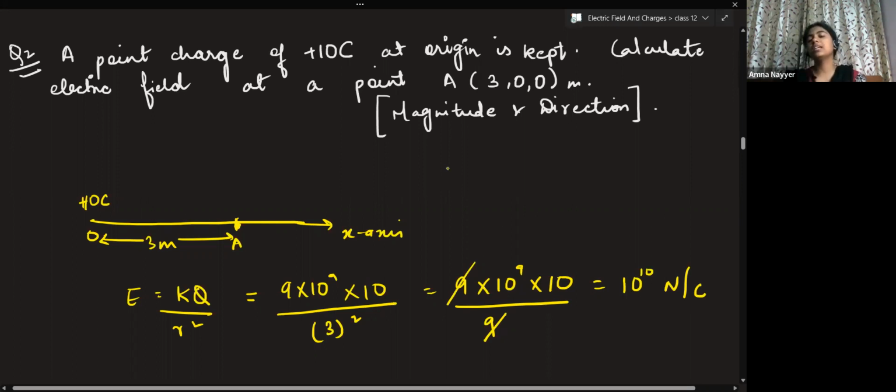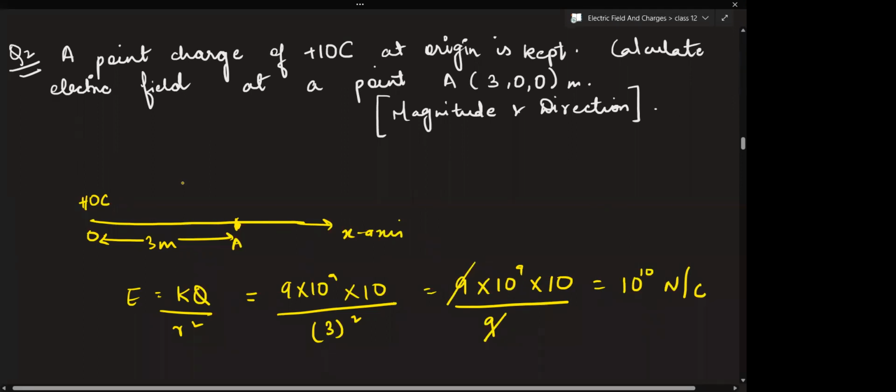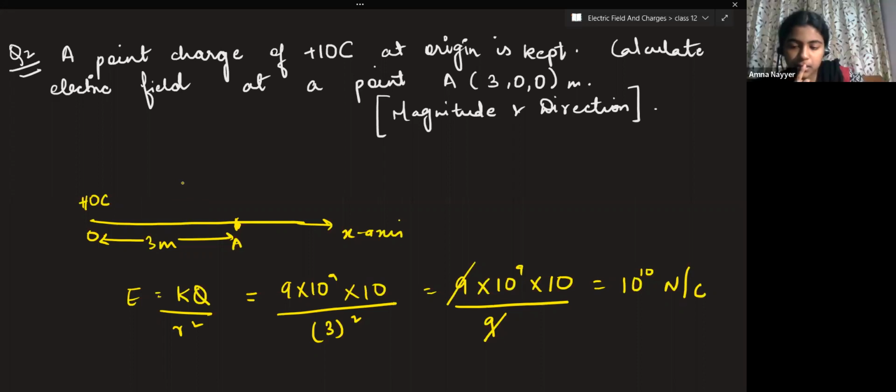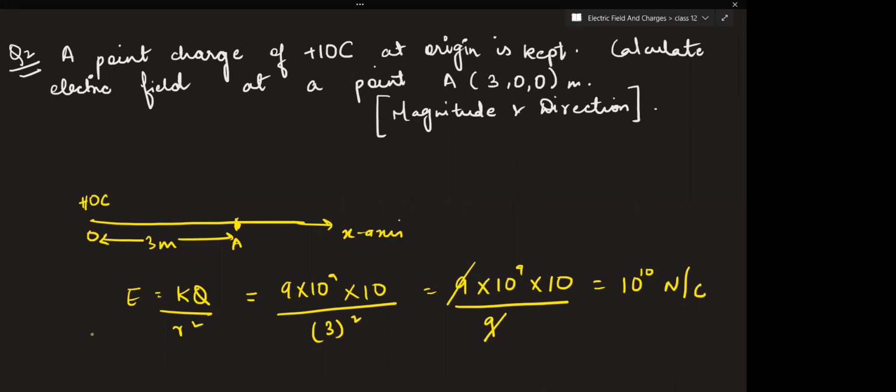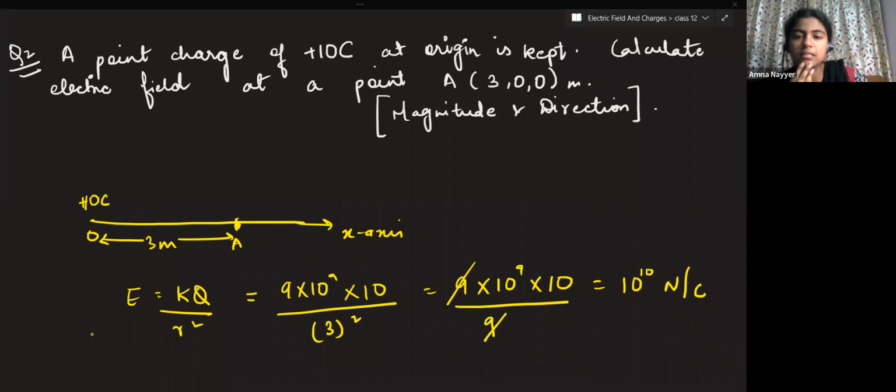But see, the question has specified magnitude and direction. So if this is a positive charge, what will be the direction of electric field? Yes, Shravya, could you repeat, please? Away from the charge. Away from the charge. So which direction?